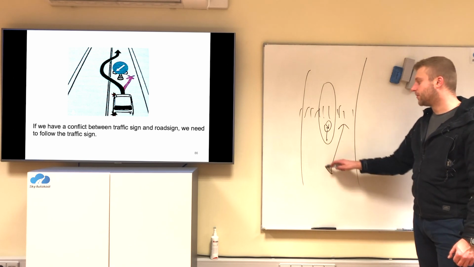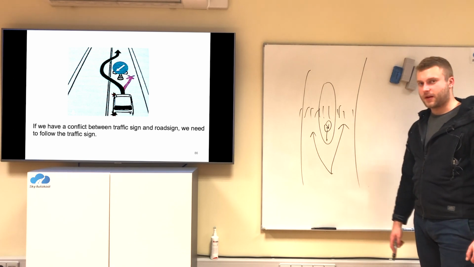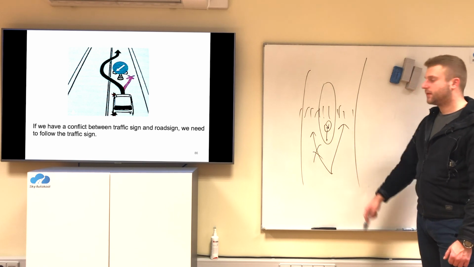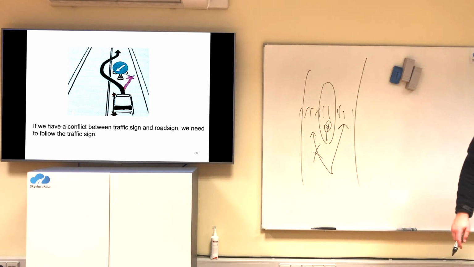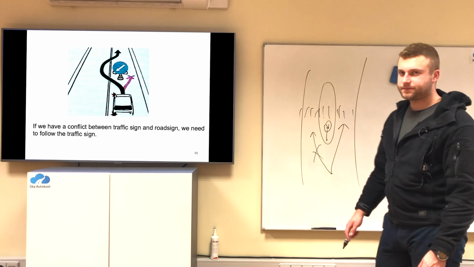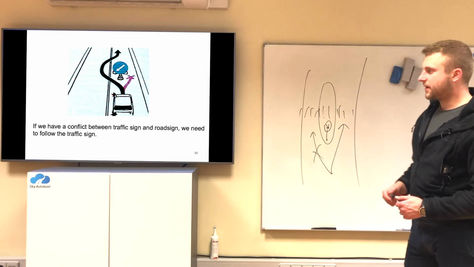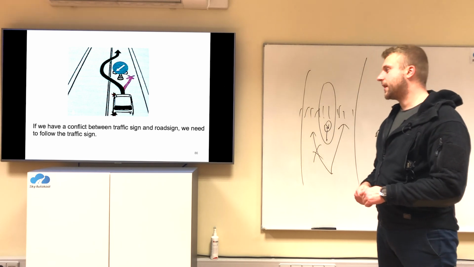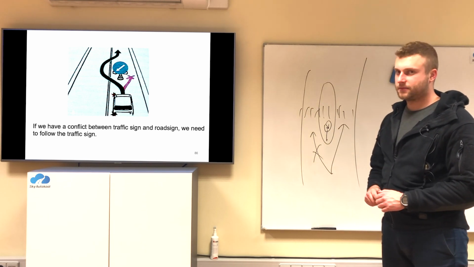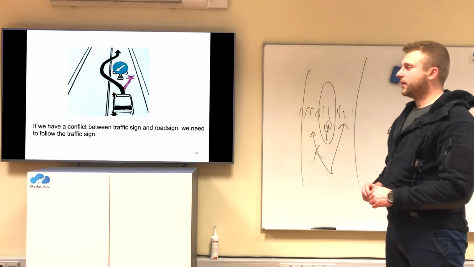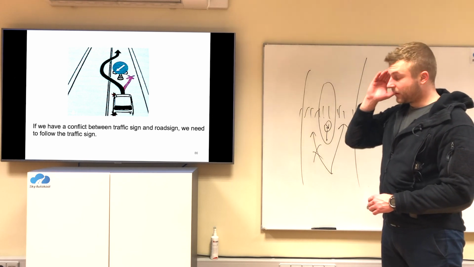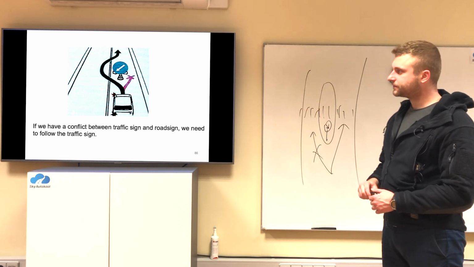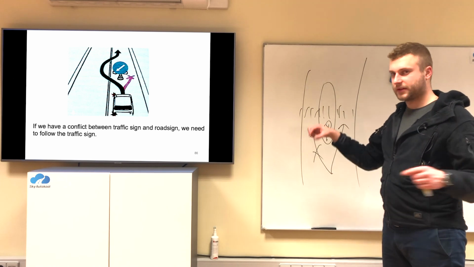So you cannot just go into the oncoming traffic. Okay? And this is the second rule. If we have a conflict between a traffic sign and a road marking, we need to follow the traffic sign. You see, the road marking is a solid line.